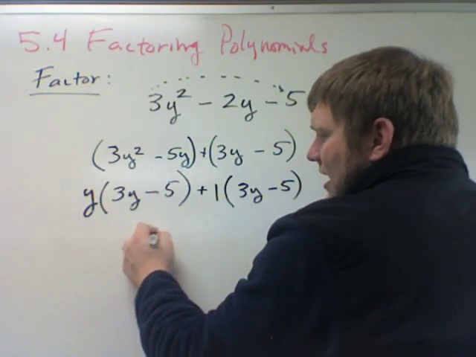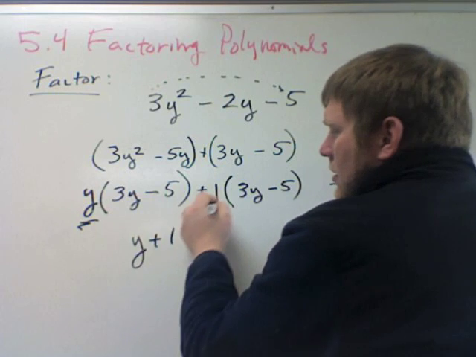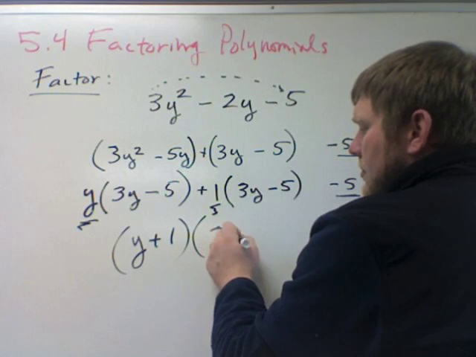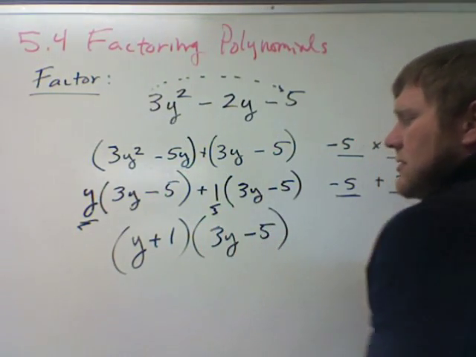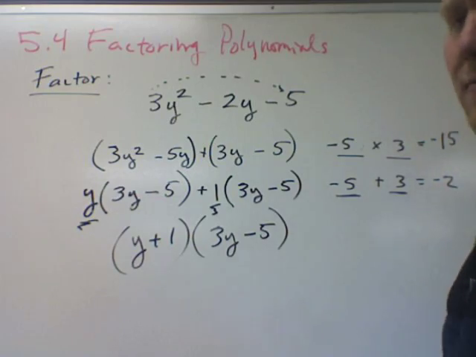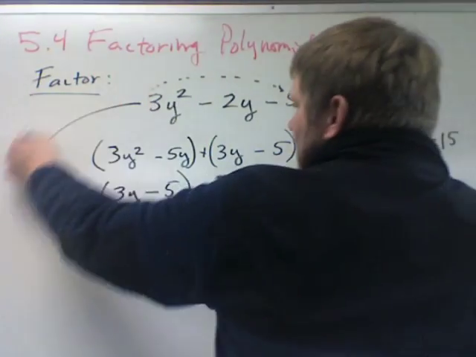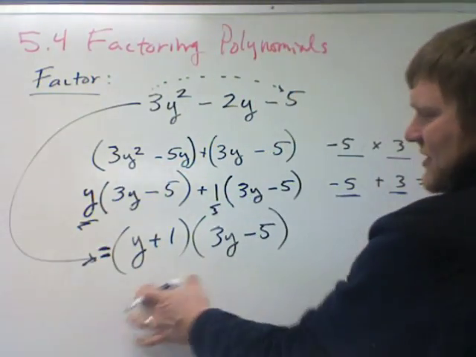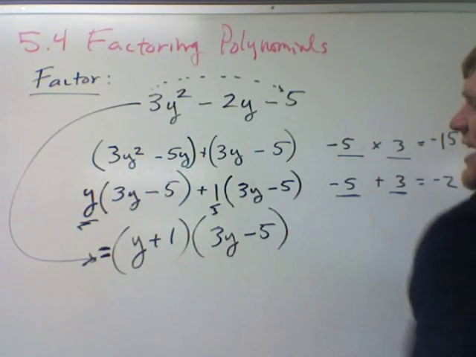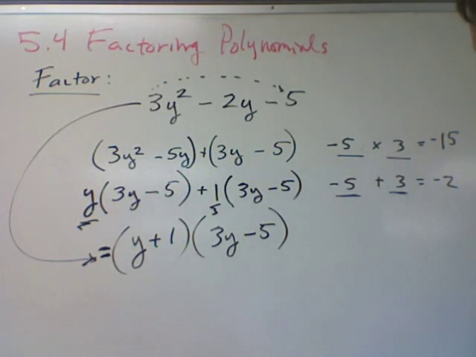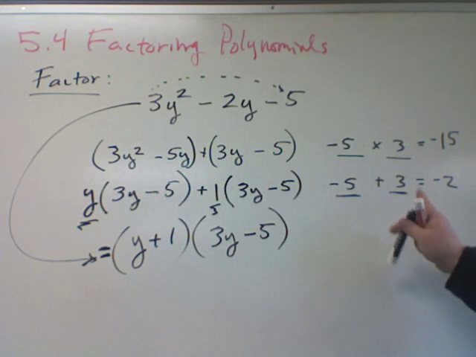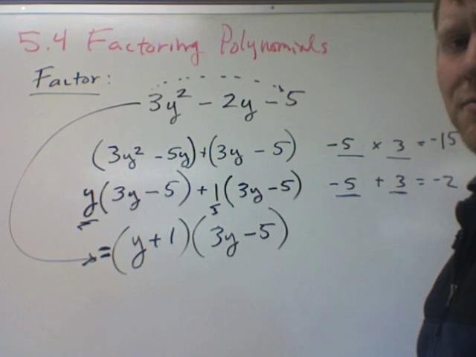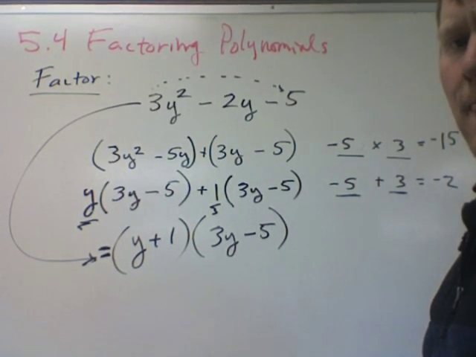So I get y plus 1 times 3y minus 5, and I'm done. I just finished factoring this. Multiplying this out should give me the original answer.